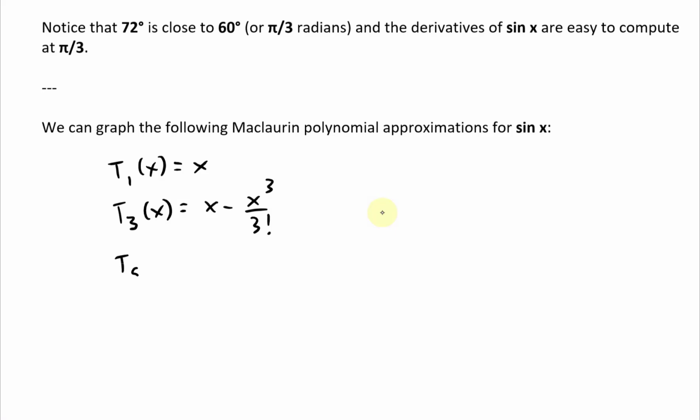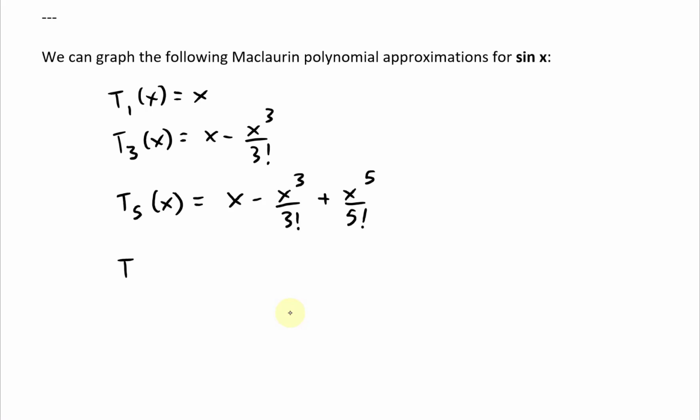Now the next one's going to be T5 equals x minus x to the 3 over 3 factorial plus x to the 5 over 5 factorial. And then the next one's going to be T7 of x, and this is going to be x minus x cubed over 3 factorial plus x to the 5 over 5 factorial minus x to the 7 over 7 factorial.